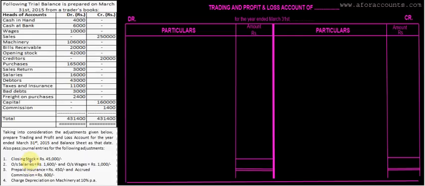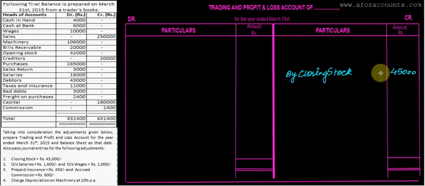See, closing stock, we all know that closing stock has to be written in your trading account. So you can just write it here, by closing stock. How much? 45,000. And what about the other effect?